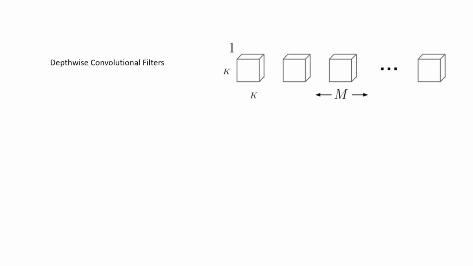In contrast, a depth-wise separable convolution breaks this process into 2 steps. In depth-wise convolution, a separate filter is applied to each input channel individually, instead of applying a filter to all channels simultaneously. In our example, this results in h by w by m by k by k computations.